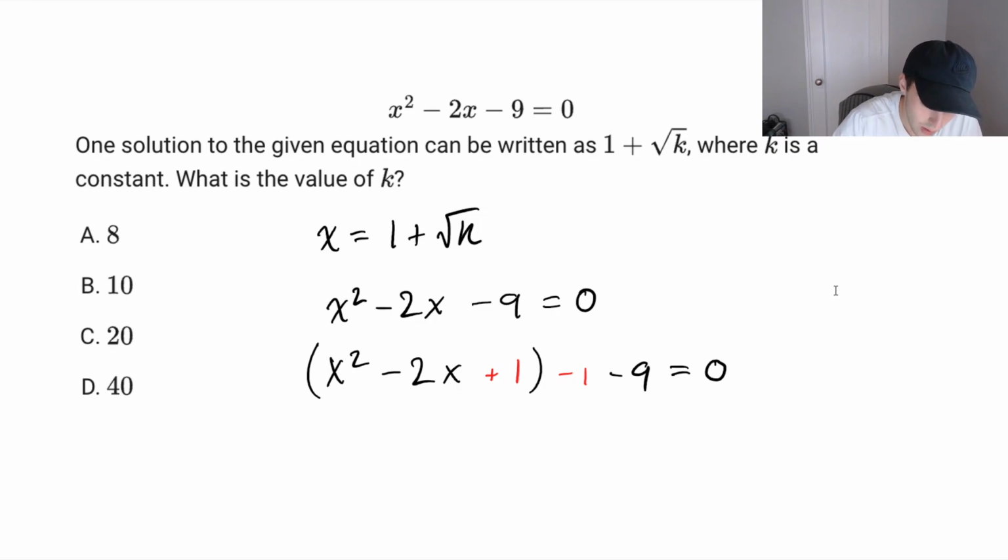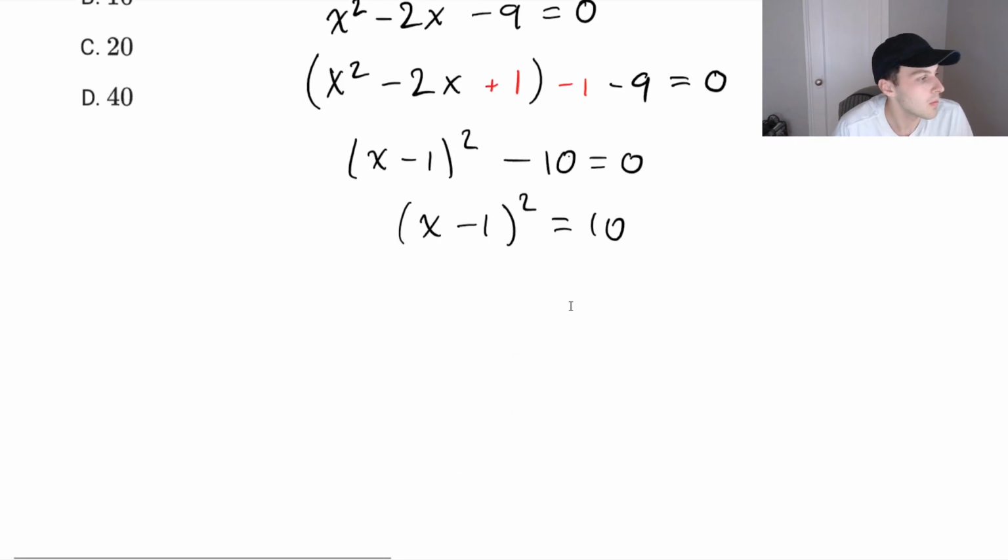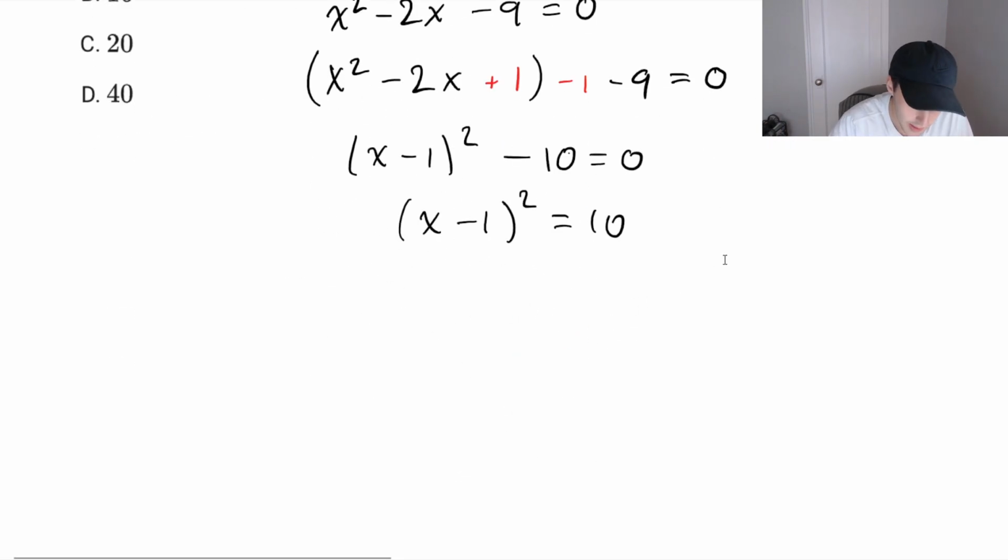So now that means that we're left with x minus 1 squared, -1 minus 9 is -10. This is 0. And look at this, we're already left with x minus 1 squared is equal to 10. Square root both sides. We get x minus 1 is plus or minus the square root of 10.